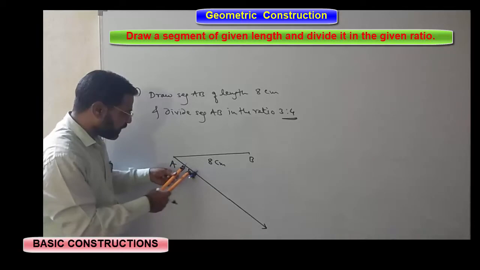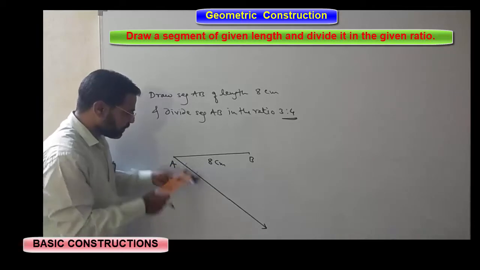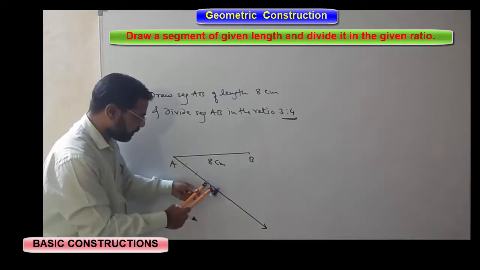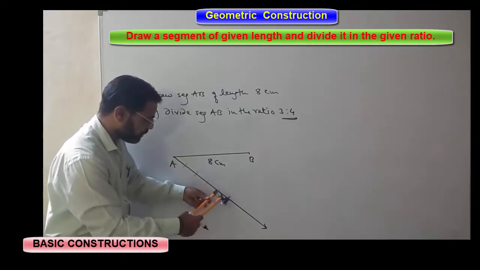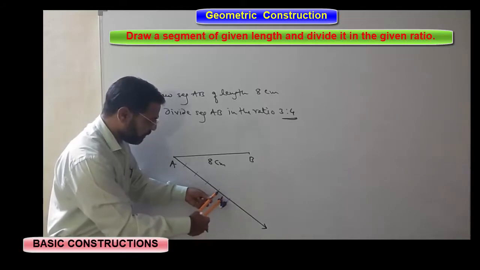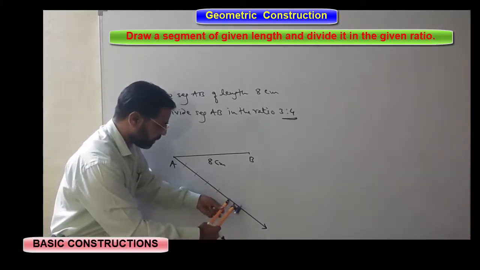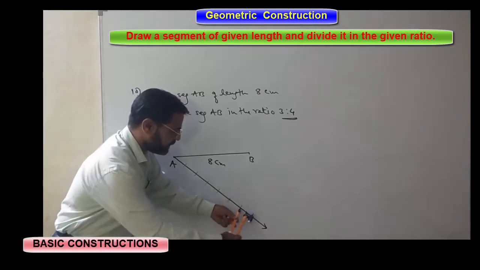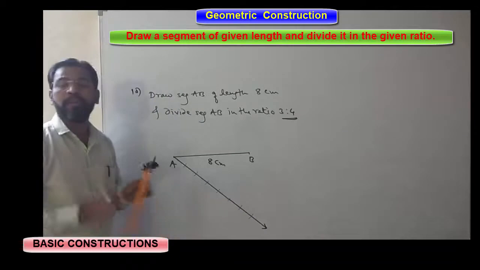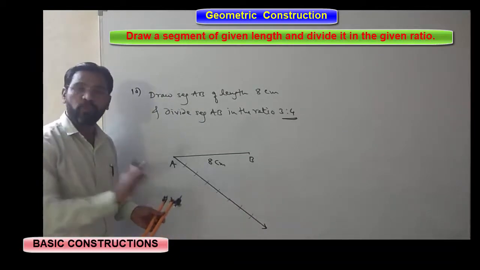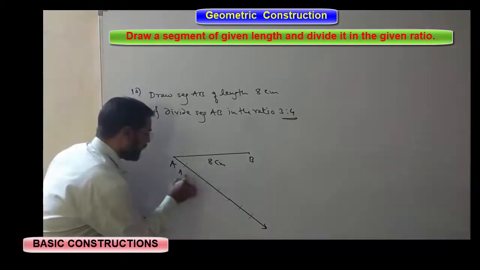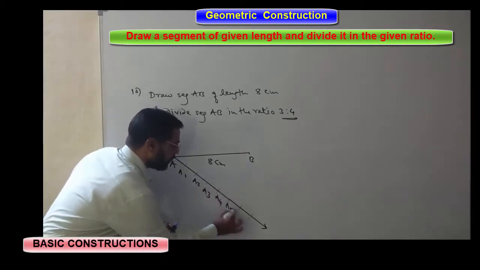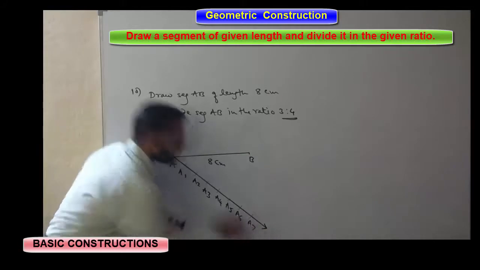Again from this particular point, this is the second one, third one, fourth, fifth, sixth, and seventh. Like this we will make the 7 parts on the new ray. That is A1, A2, A3, A4, A5, A6, A7.